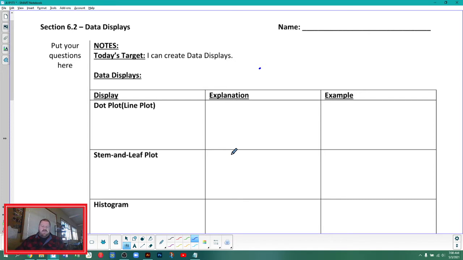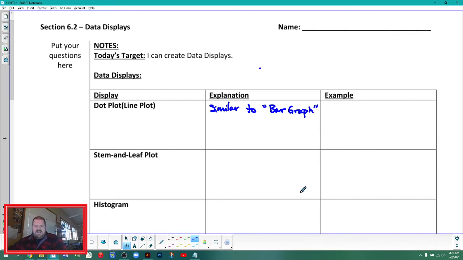A couple that we're going to focus on today are a dot plot, which sometimes is also called a line plot, a stem and leaf plot, and a histogram. So a dot plot is, I'm going to say, similar to a bar graph, and I'm sure most people have encountered a bar graph before.